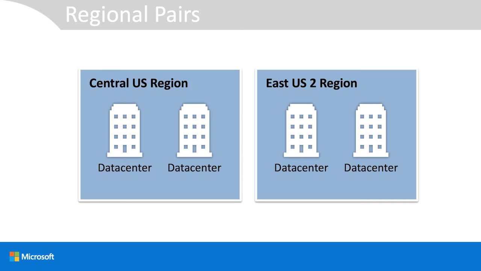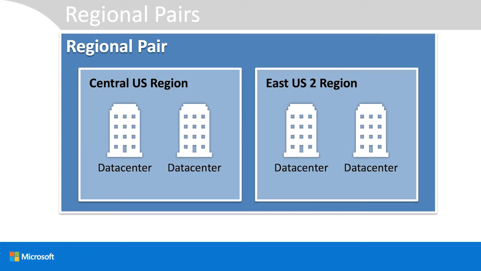But even if you deploy to a second region, you still might have an availability issue if Microsoft happened to update the Azure platform on both of your regions at the same time. To avoid that kind of problem, Microsoft broke out regions in a geography into regional pairs, and a regional pair is a logical container for 2 regions within a geography.